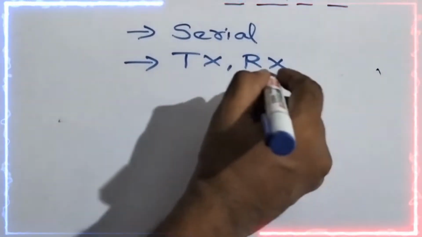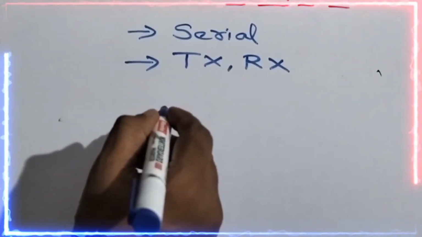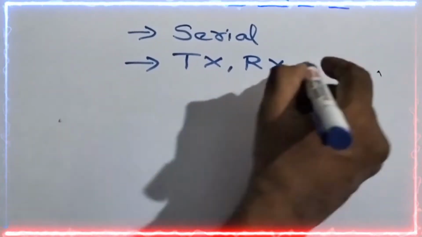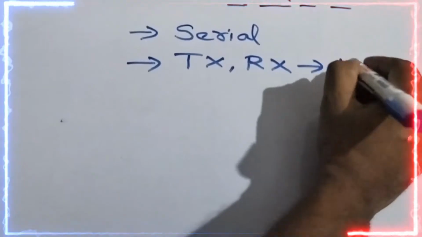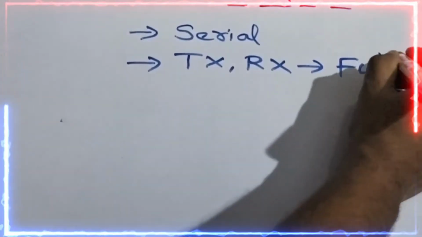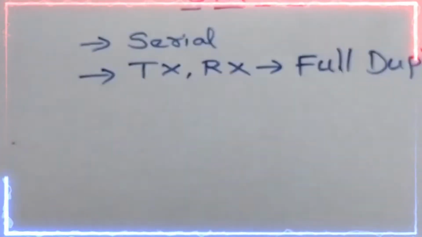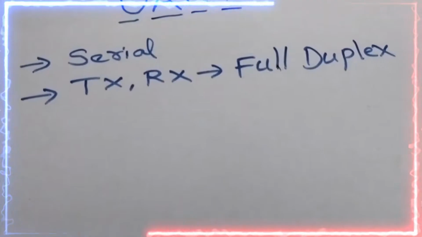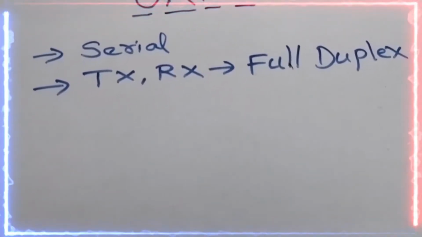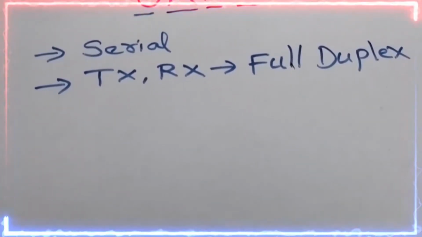The TX and RX send and receive independently, which means it is full duplex, friends. It can receive and transmit the data independently over the RX and TX.